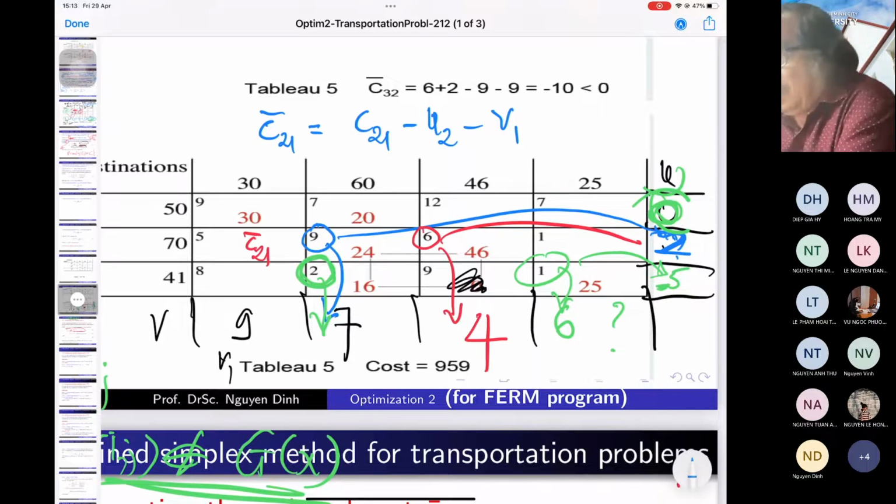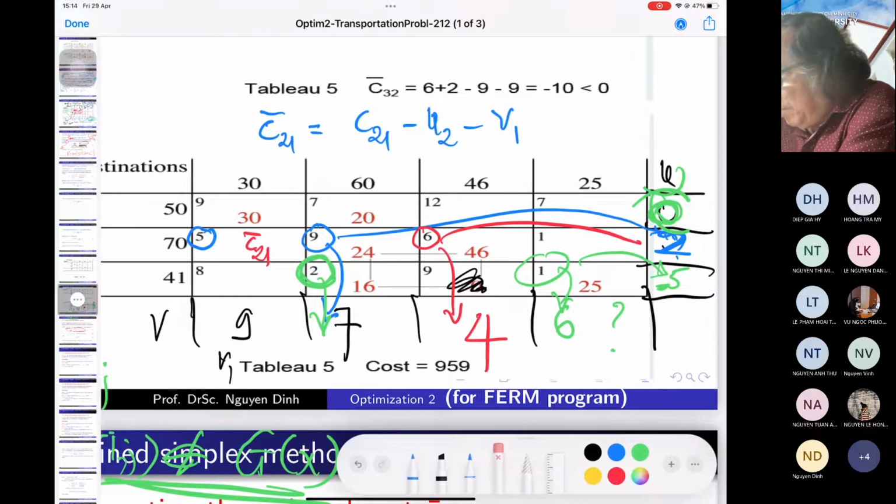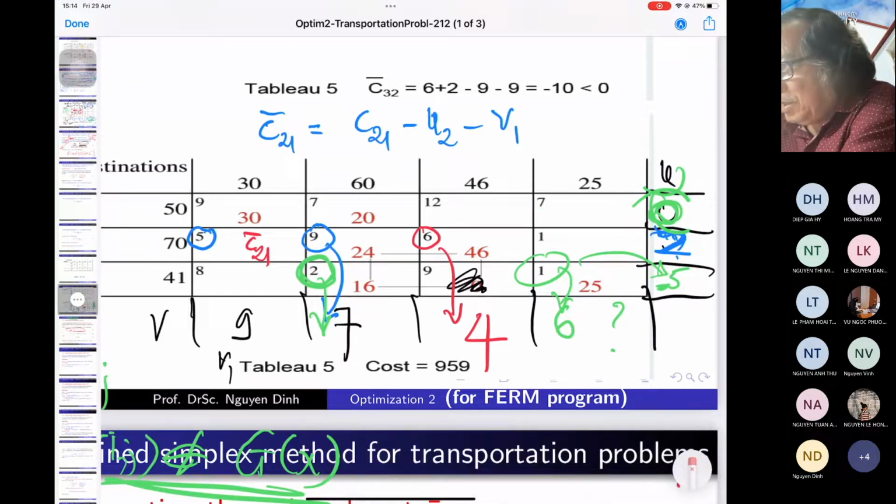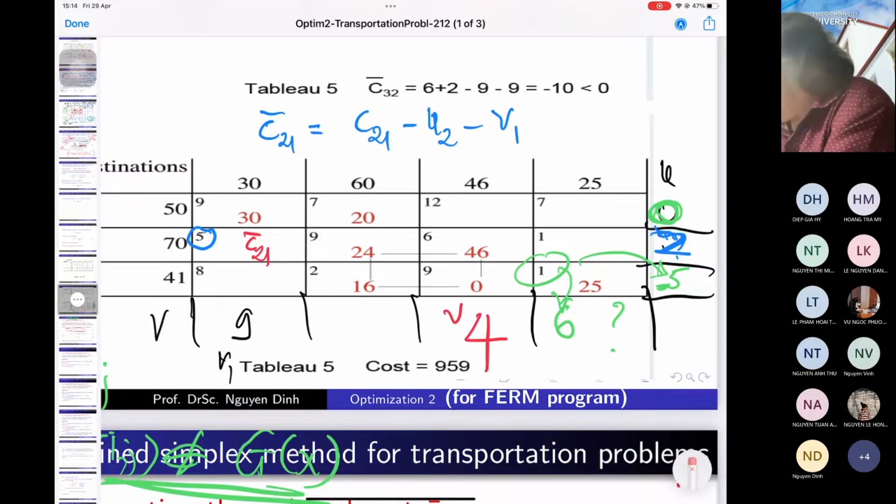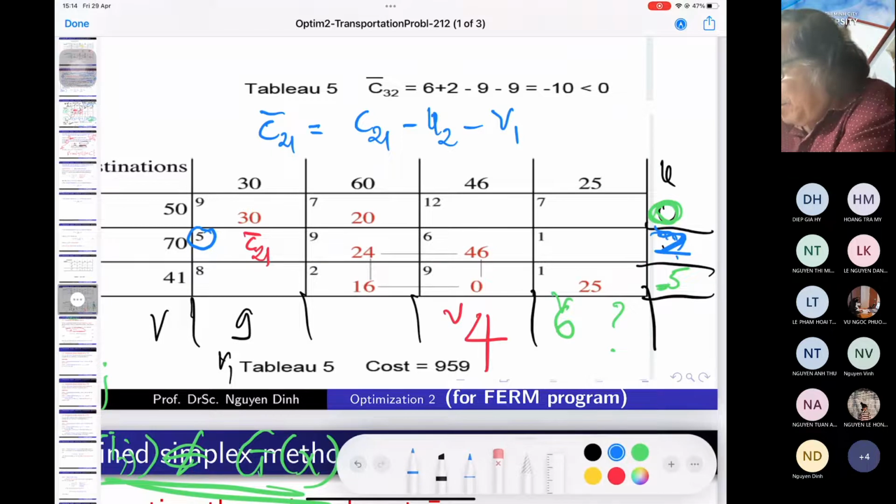Let me delete all the others so that you can see it easily. We have to re-establish this one.